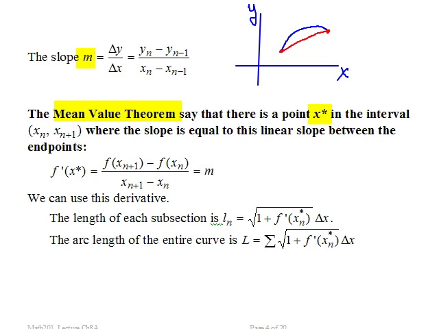This is going to be one of the little subintervals, and this is m, the average slope. The mean value theorem says that somewhere along this curve there's a point, perhaps right here, where the derivative is equal to this average slope m.